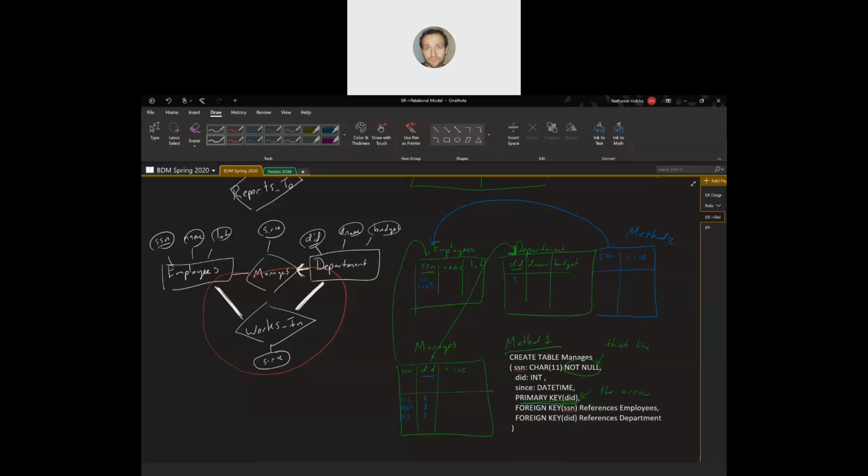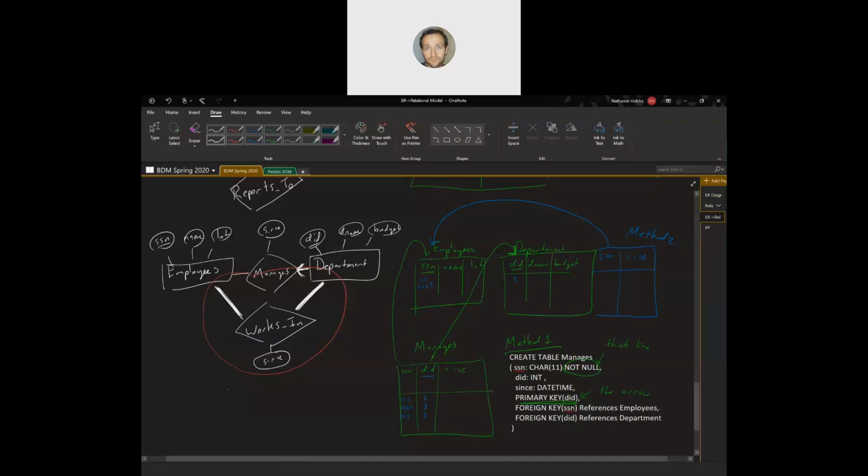I'll give you a minute to think about it. Create a works in table.